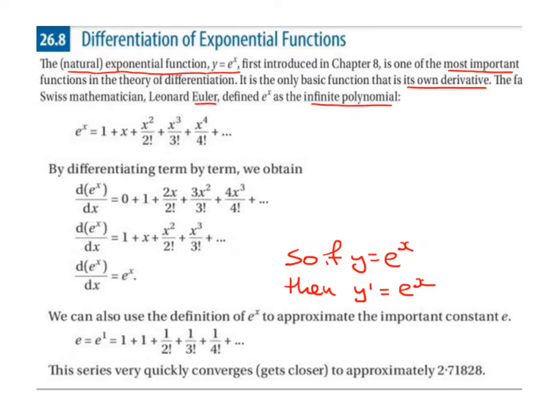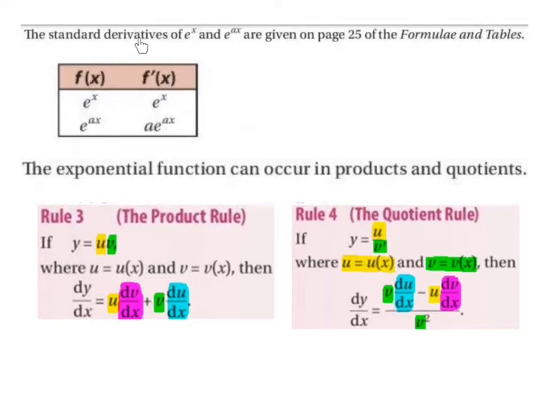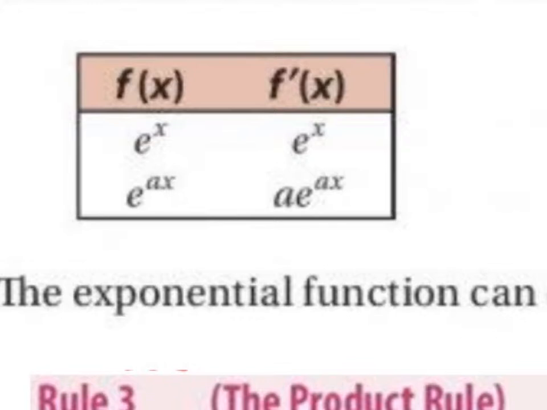The standard derivatives of e to the power of x and e to the power of ax are given on page 25 of the formulae and tables. So if f of x equals e to the power of x, then f prime x also equals e to the power of x. If f of x equals e to the power of ax, then f prime x equals a times e to the power of ax.